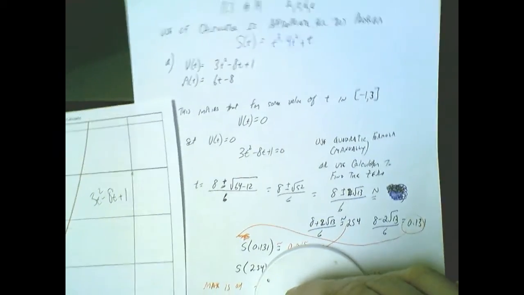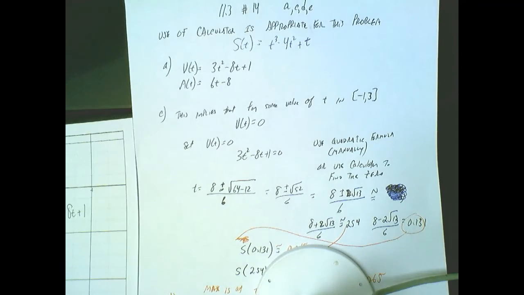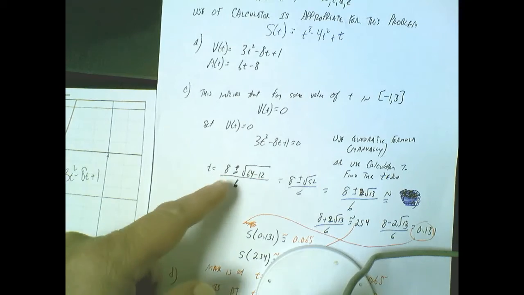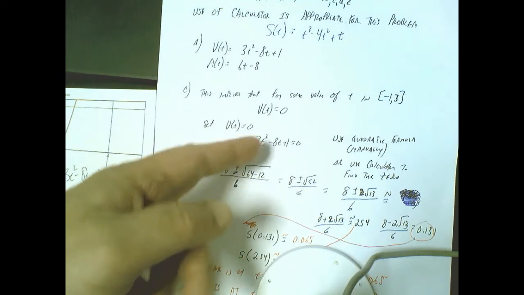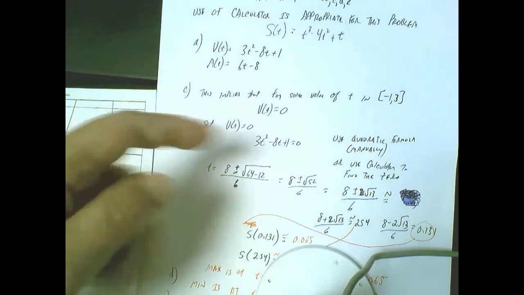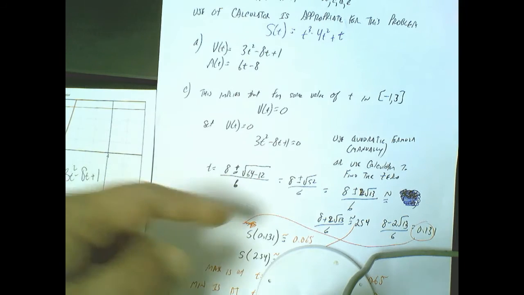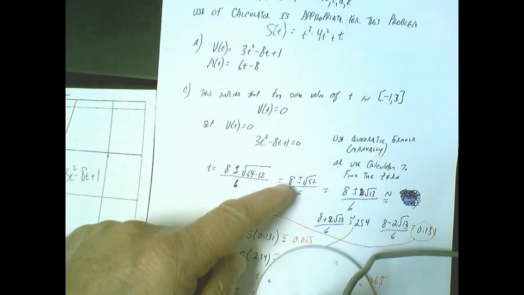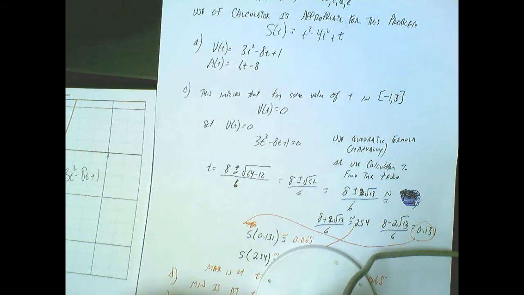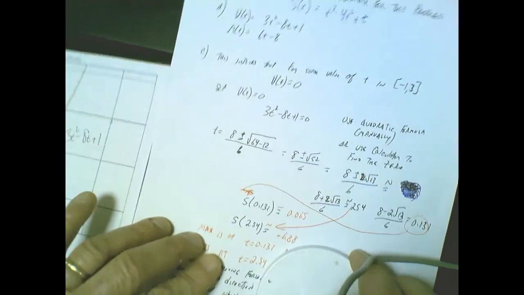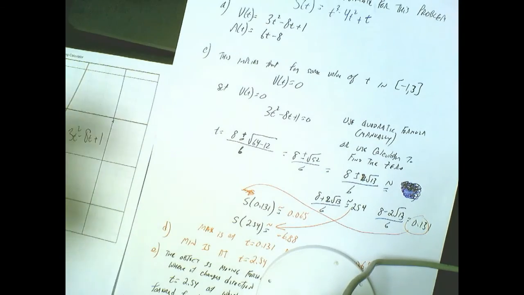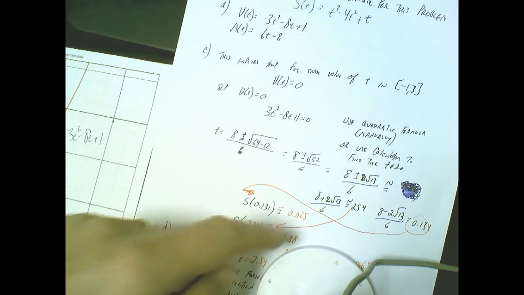If we go back and look at the problem in a slightly different way, pretend that we didn't have a calculator and we had to do all this work, well, what would we do? 3t squared minus 8t plus 1 equals 0. Good old quadratic formula would walk us into roots that are 8 plus or minus the square root of 52 over 6. The square root of 52 is nothing more than the square root of 4 times the square root of 13, which is 2 times the square root of 13.